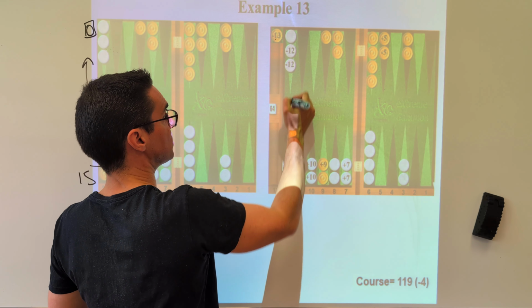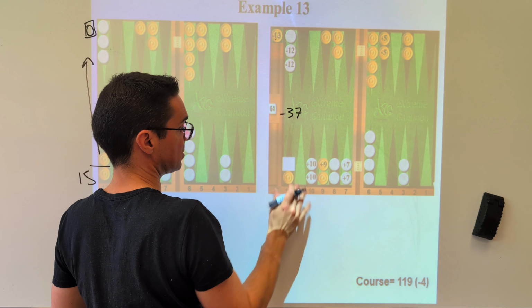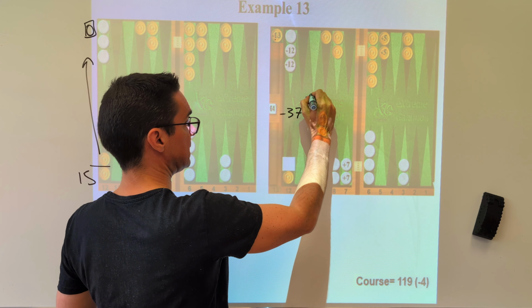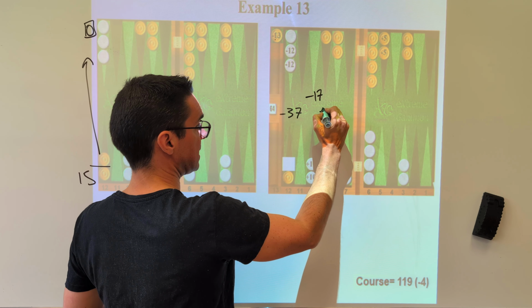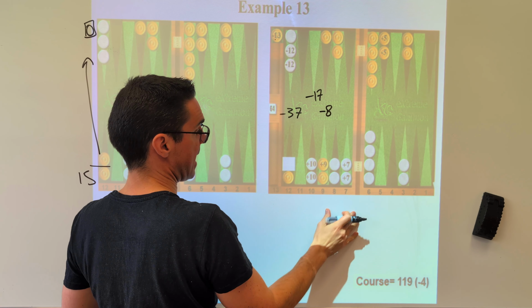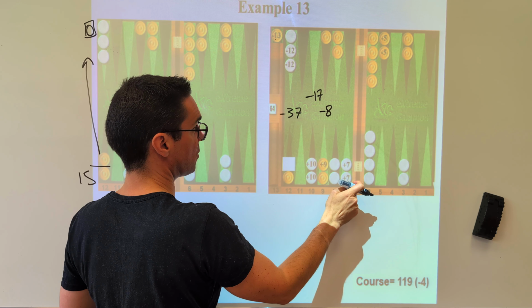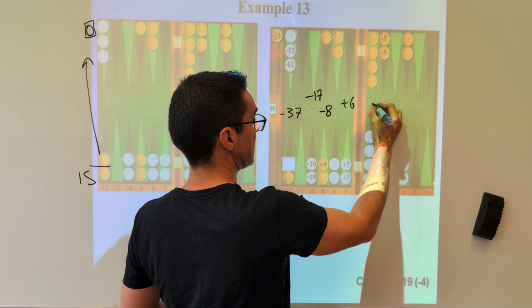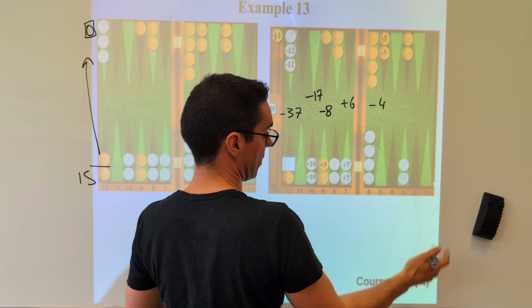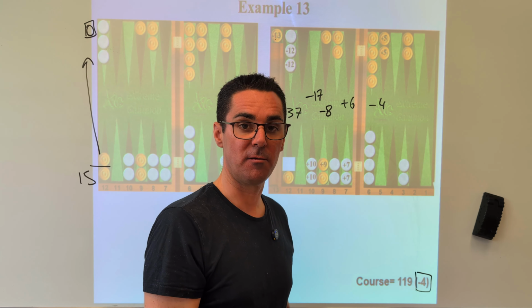Minus 13 minus 24 is minus 37, plus 20 is minus 17, plus 9 is minus 8, minus 8 plus 14 is plus 6, plus 6 minus 10 is minus 4, and you have a deficit pip count of minus 4.